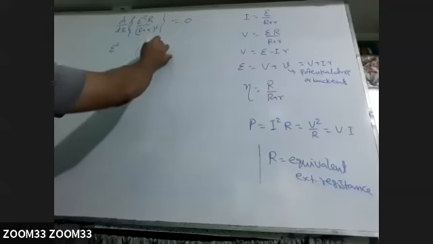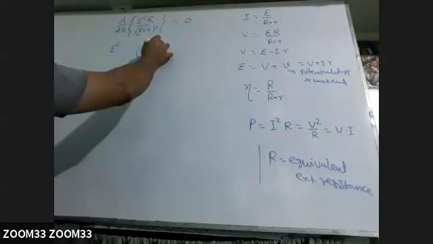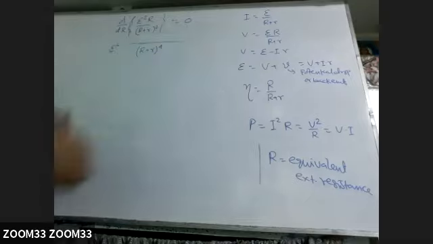So (R plus r) whole square minus R, using the quotient rule, divided by (R plus r) to the power 4. So that will be down.